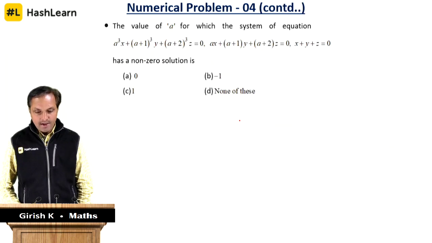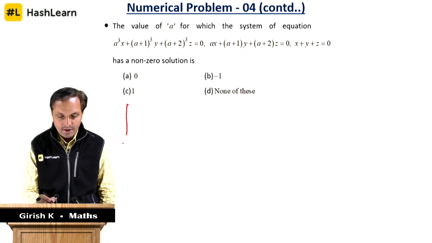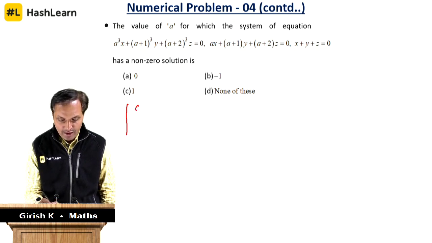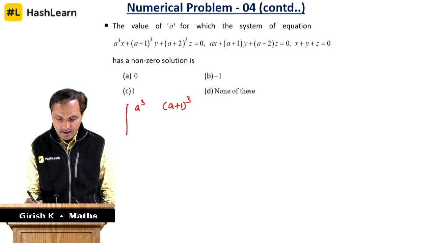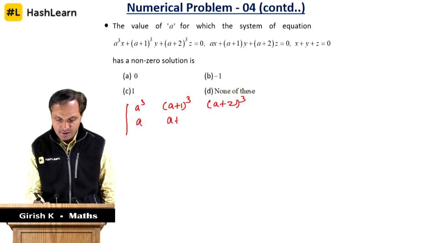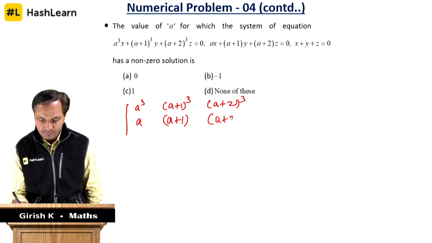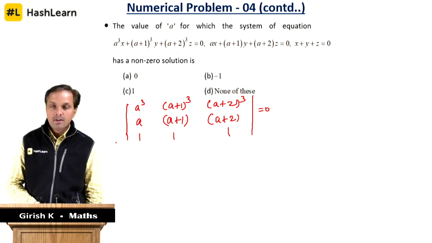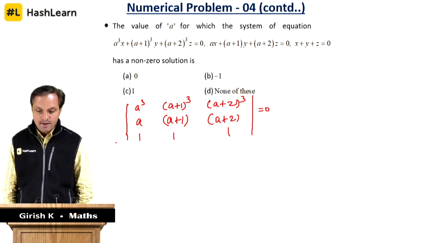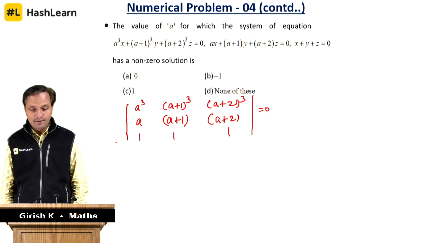Okay, so let's see what are the coefficients you have for x, y and z. You have a cube, then a plus 1 cube, then a plus 2 cube, a, a plus 1, a plus 2, and 1 1 1 in the last row. Whenever you have 1 1 1, try to make them 0.